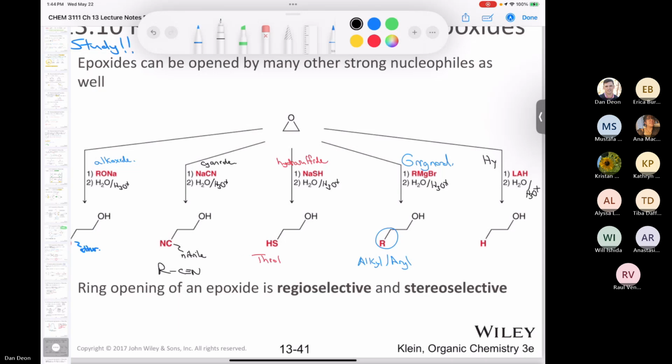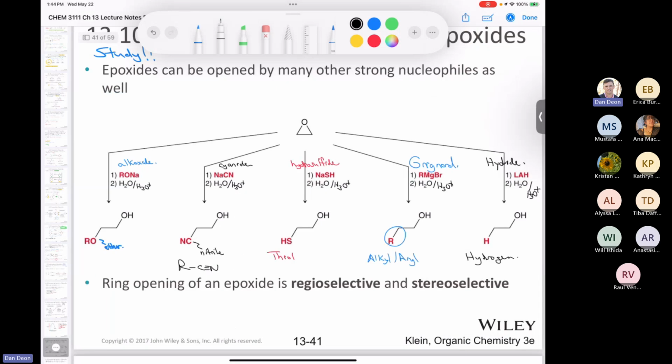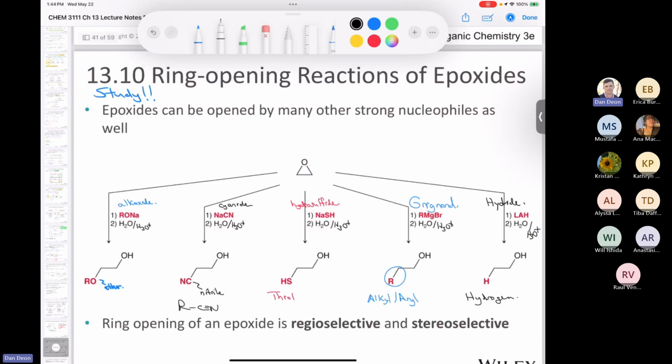So we'll put hydride, and in that one, you just add a hydrogen. Hydrogen. Like that. There you go. So is that a lot of information or what? On one slide, you're showing how to make ethers, nitriles, thiols, add alkyl or aryl groups, and how to reduce and just add a hydrogen onto your epoxide.